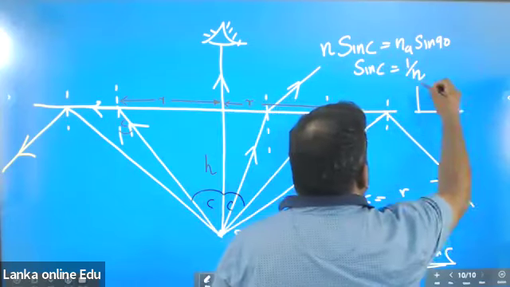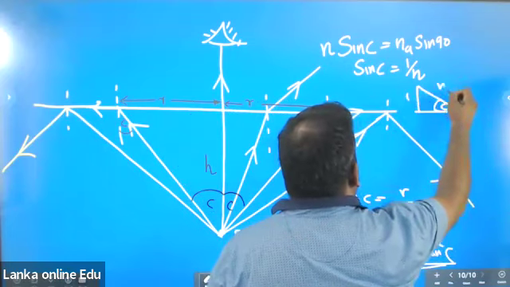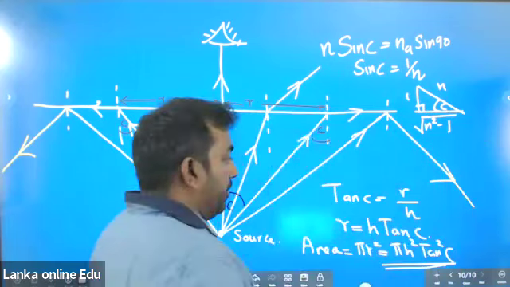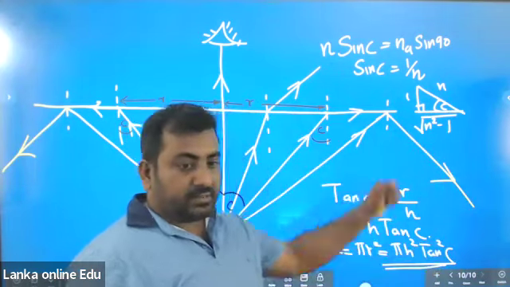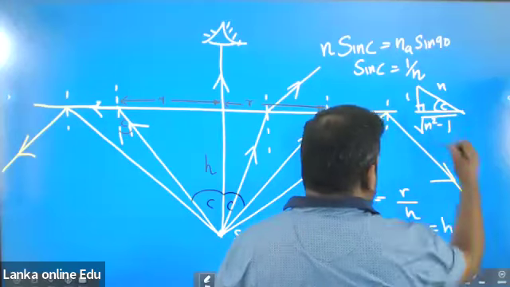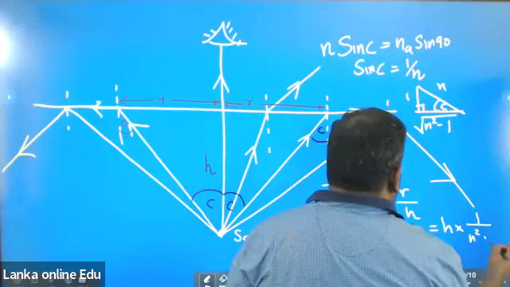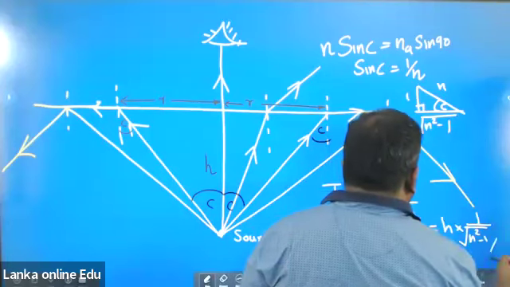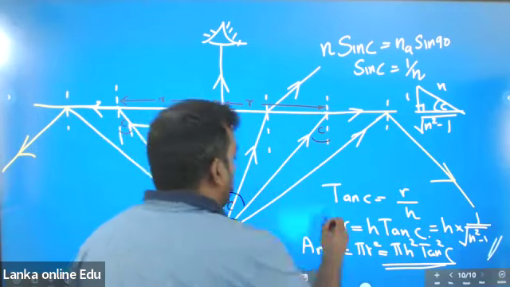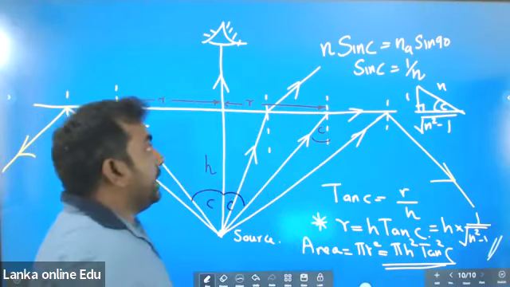If you take a right angle triangle, opposite over hypotenuse, the adjacent is the square root of n squared minus 1. Wherever there is tan C, we can substitute that. So H tan C is opposite over adjacent, H over the square root of n squared minus 1. Okay. So here you go.